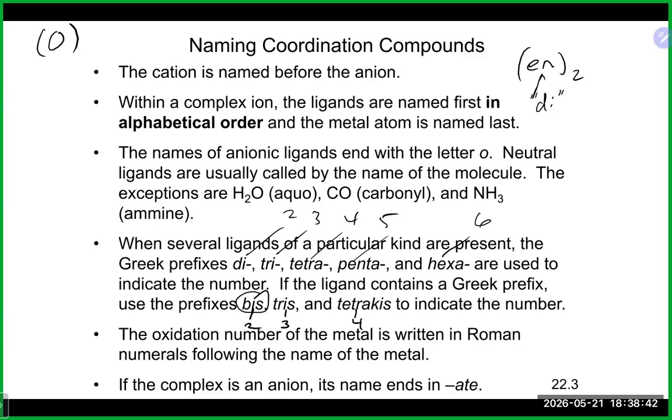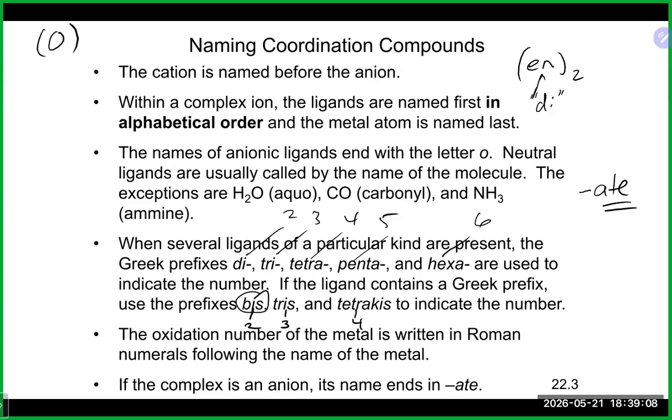If your complex ion is negative, you roll with an old school name for the metal that typically ends in -ate. So if you had iron in a negative complex ion, you would not call it iron in the name, you would call it ferrate. If you have copper in a negative ion, you would not call it copper, you would call it cuprate.